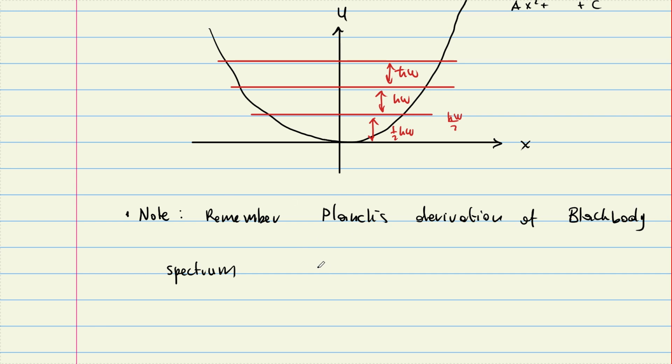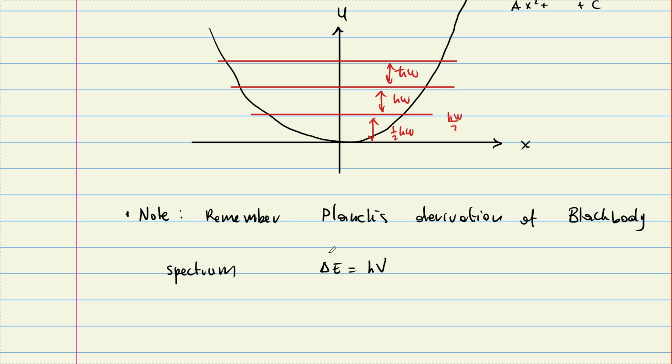If you remember, he took the energy level spacing to be h nu, right? He was saying that the modes on the cavity walls were quantized. These vibrations were quantized, and only these vibrations can couple to light.